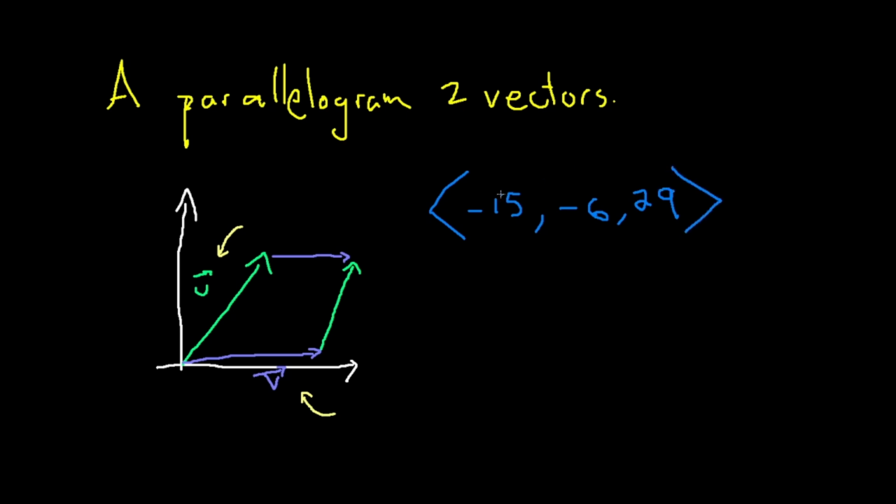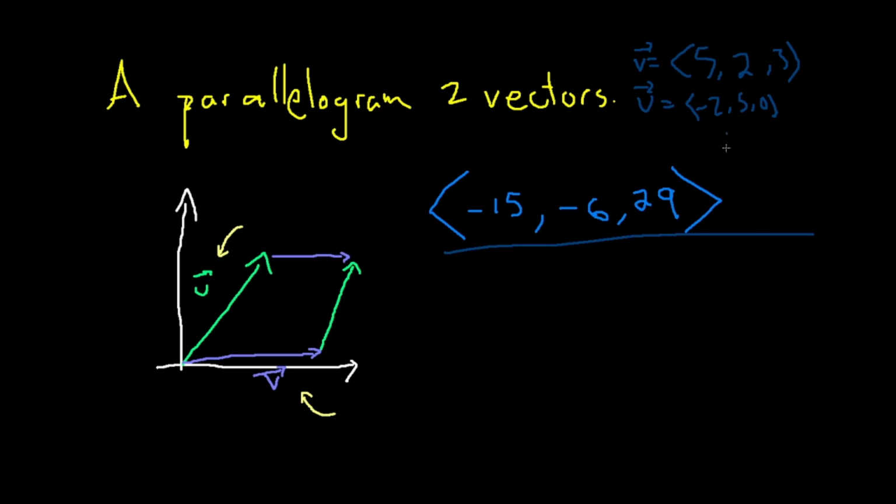So if we were to use the two vectors that we used last time, which were 5, 2, 3, so let's say that was our V, and then our U was -2, 5, 0. So now we found the cross product of them, and we have this now.